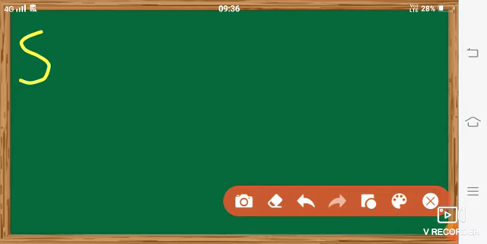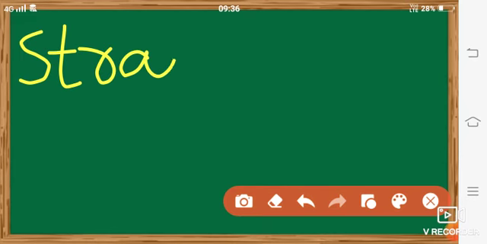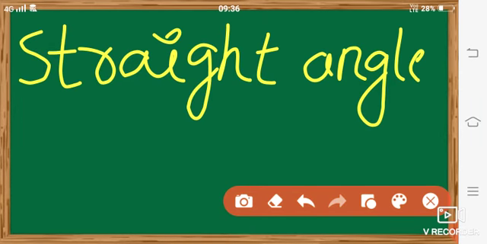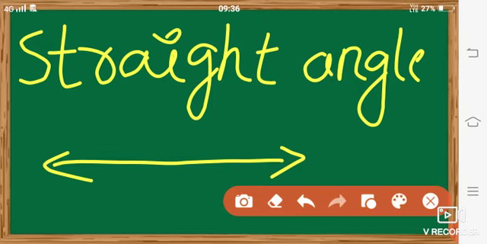Next one is the straight angle. A straight angle means 180 degrees. We draw it like this. Here are two line segments: AB is one line segment, BC is the other. We discussed the right angle and the obtuse angle.